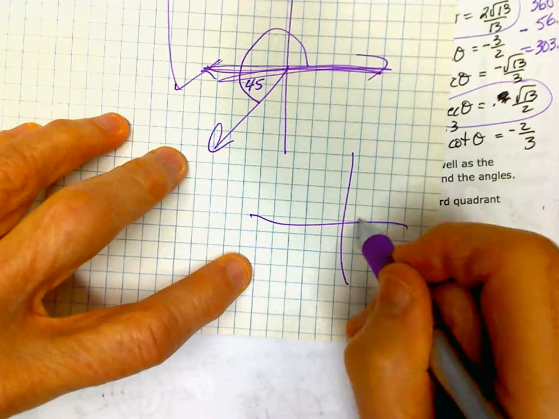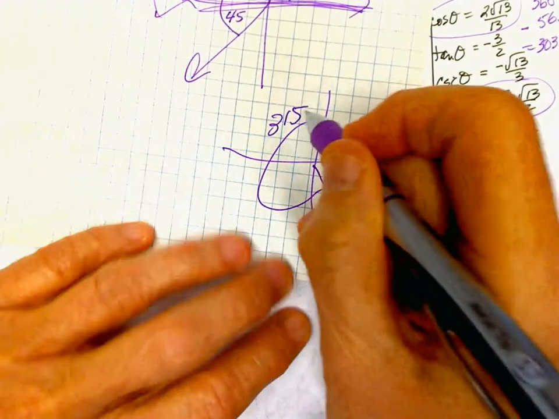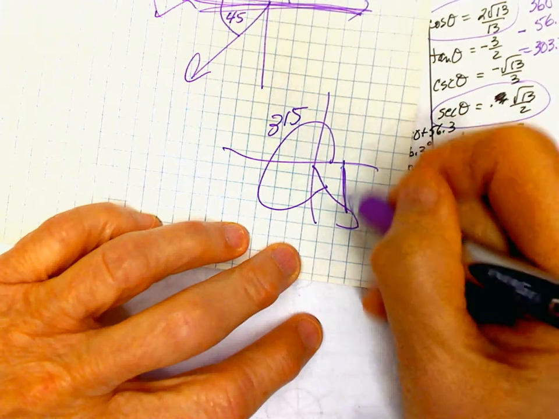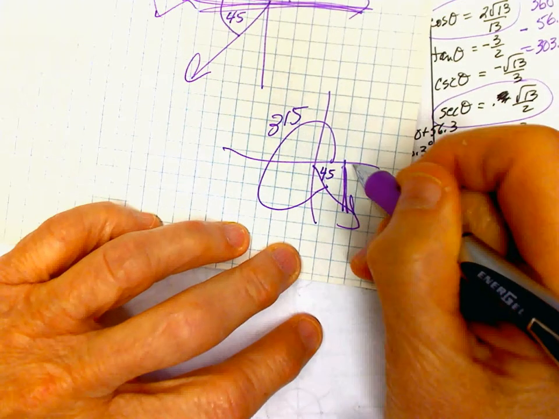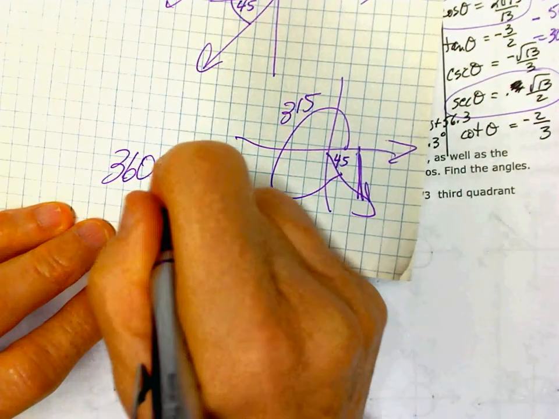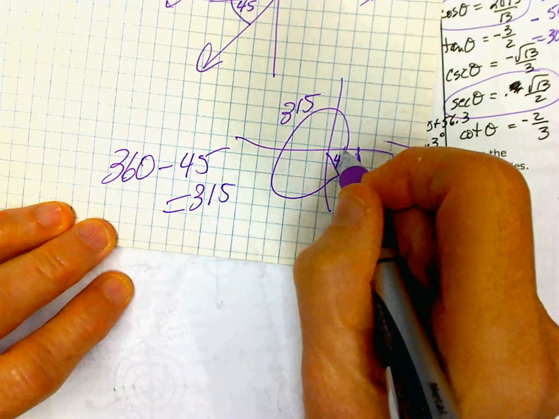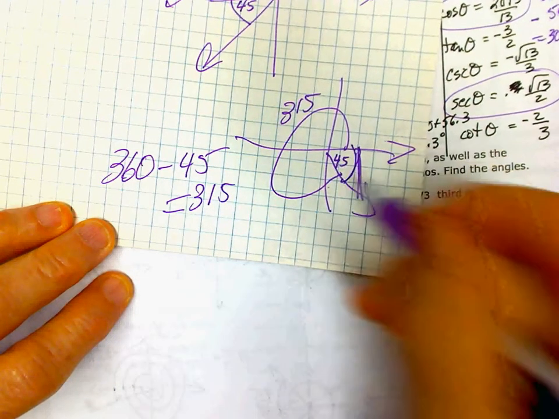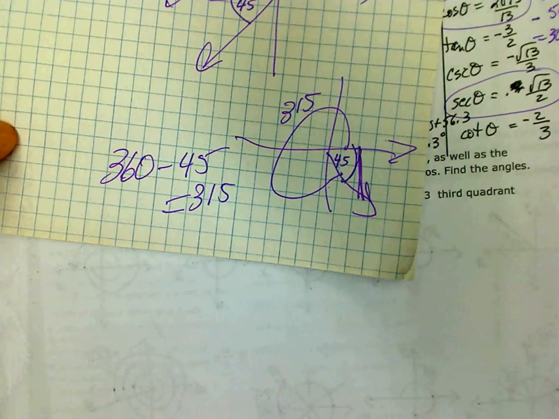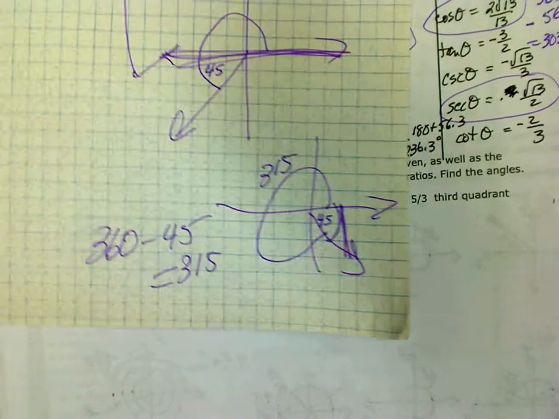Then 315 ends up here. That's 315, but we get the trig ratios from the related acute angle, which is against the x-axis, or 360 minus 45 equals 315, right? This is our related acute angle, 45. We will go over it again tomorrow.